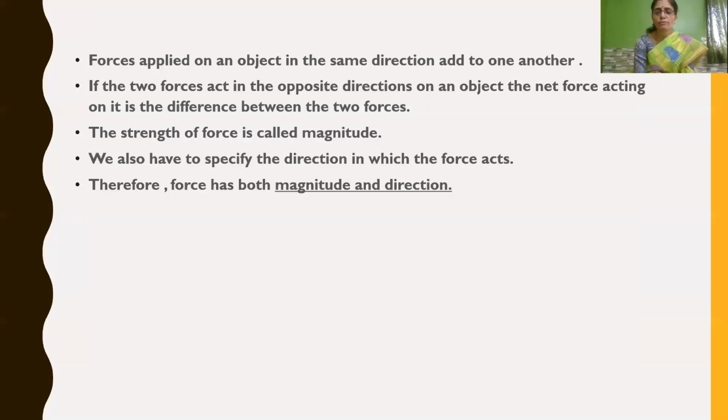One is the strength of force, and the next one is the direction in which the force is being applied. What is magnitude? The strength of force is called magnitude. How much force you are applying, as well as the direction in which you are applying it, both are very important. So force has both magnitude and direction.